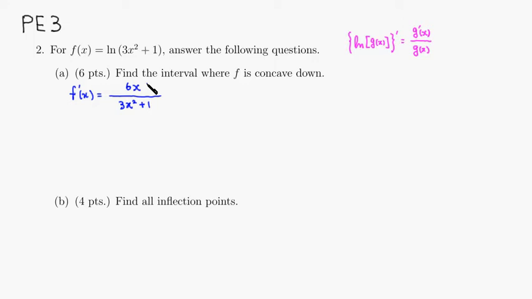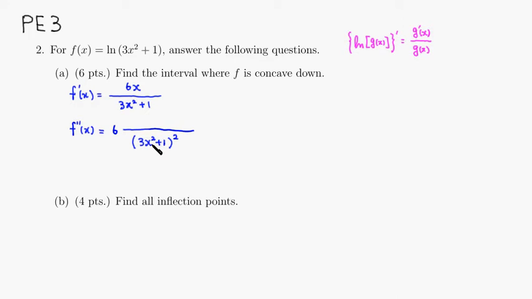Let's take another derivative, so f double prime of x. 6 is just a constant multiple, so I'll put that outside. Then we have to use the quotient rule. That would be the denominator squared, so 3x squared plus 1, the quantity squared.